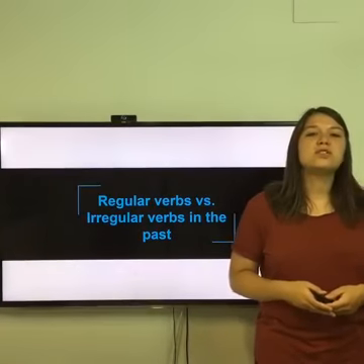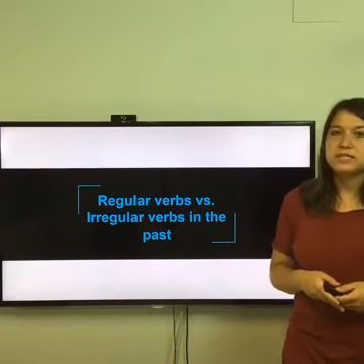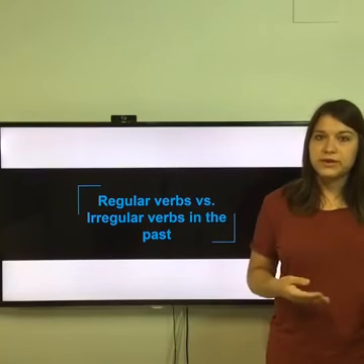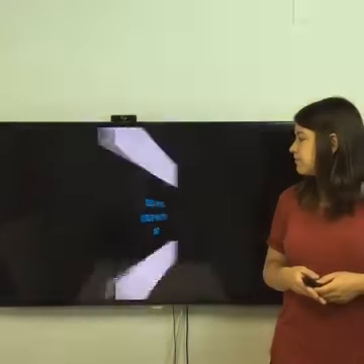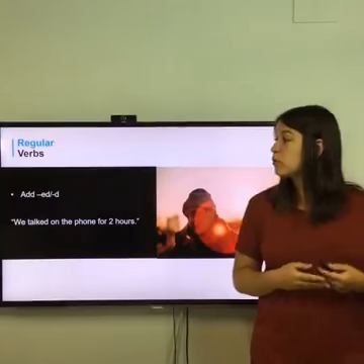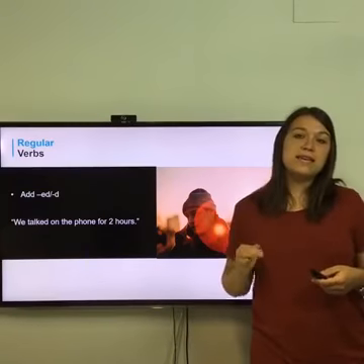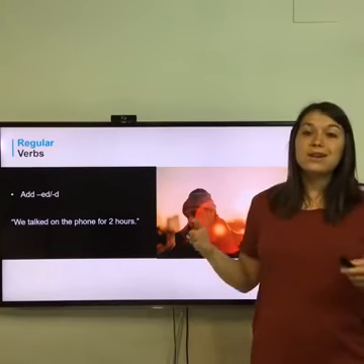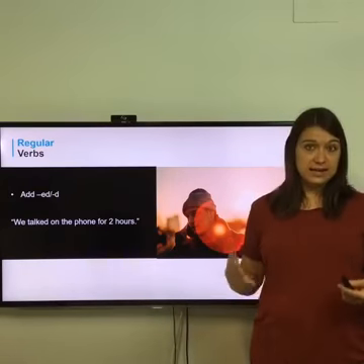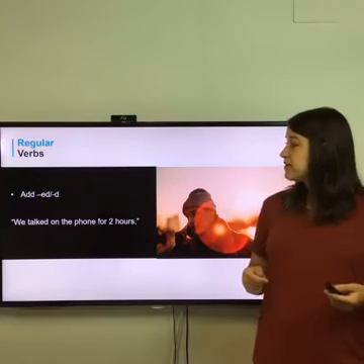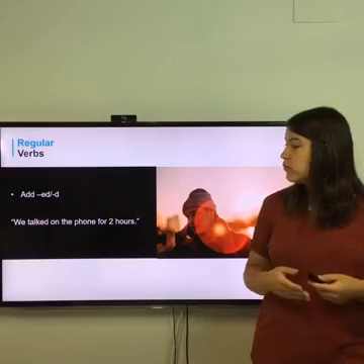Okay, now let's talk a little bit more about the difference between regular and irregular verbs in the past. Okay, as I said before, with regular verbs, we add the ending ed or d if the verb ends in an e. Okay? For example, we talked on the phone for 2 hours.